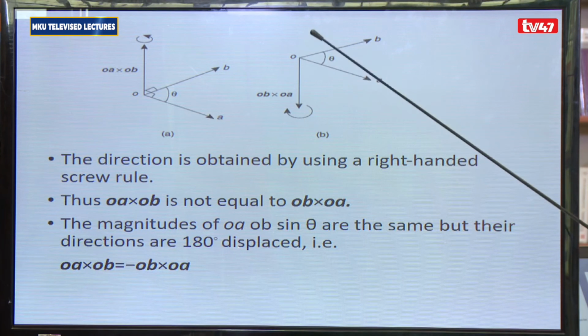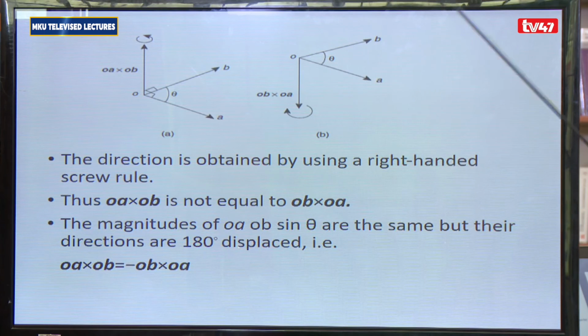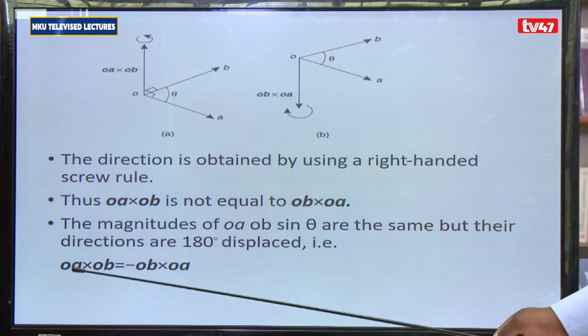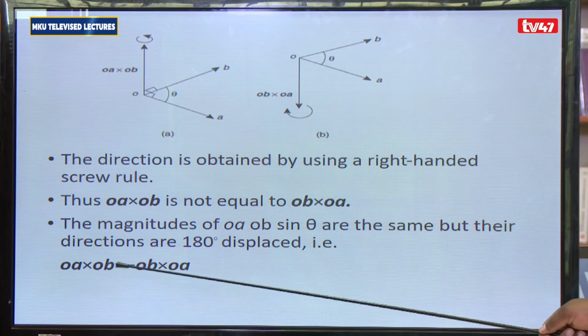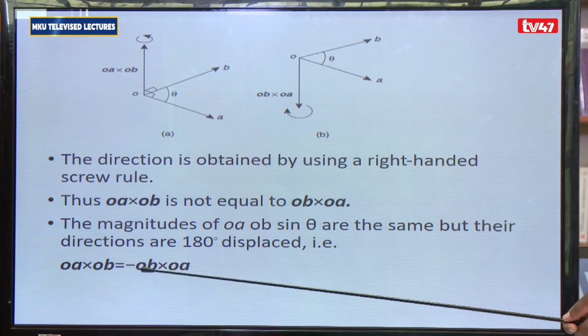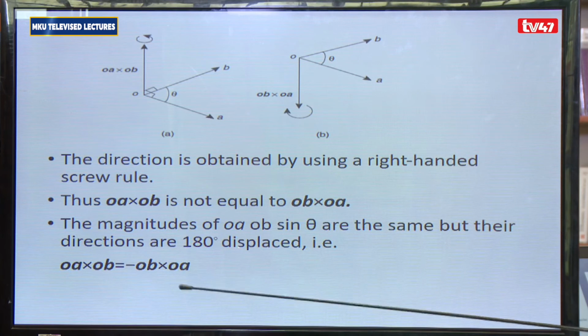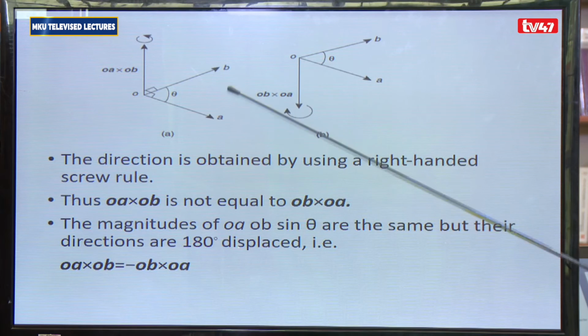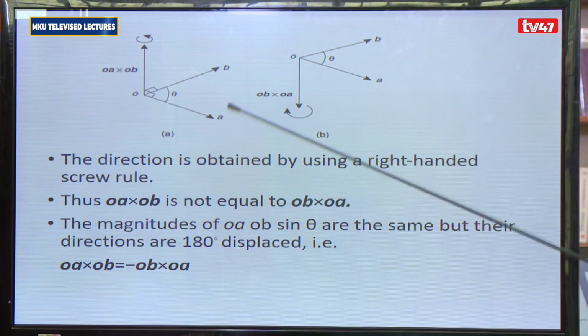In fact, it has the opposite direction. So OA times OB gives you the negative of OB times OA. If you interchange them, they give you a negative direction. This is what we have in the cross product, and this is what we are going to use in the calculations of our problem.